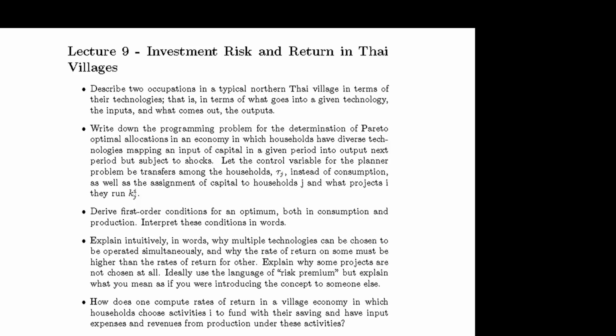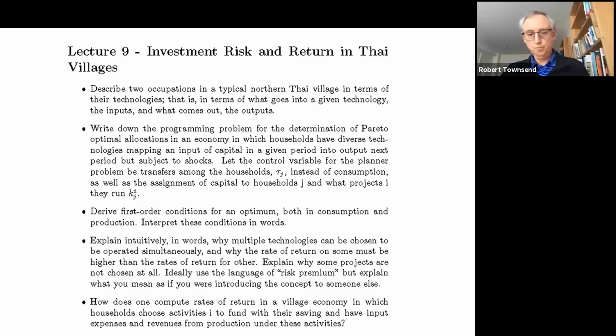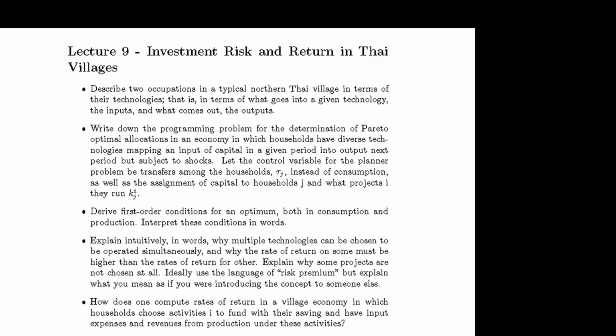And the reason you would have lower rate of return technologies used at the same time as higher rate of return technologies is that the lower rate of return ones have lower risk, and for the higher rate of return ones you basically have to pay a risk premium, which is why it's less desirable. Yep. Okay, that's pretty good.